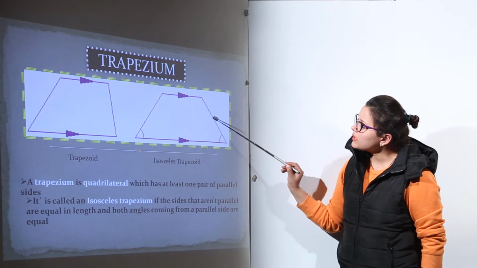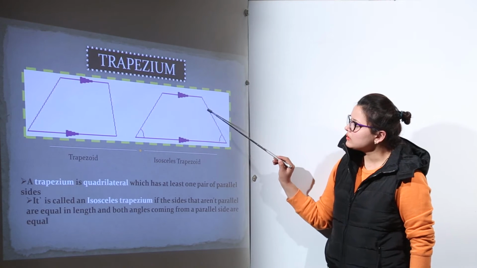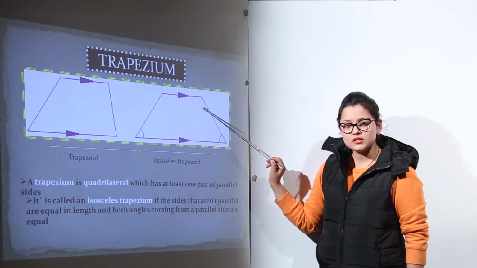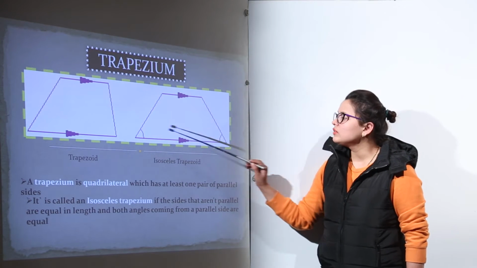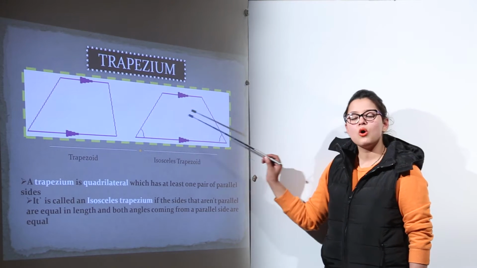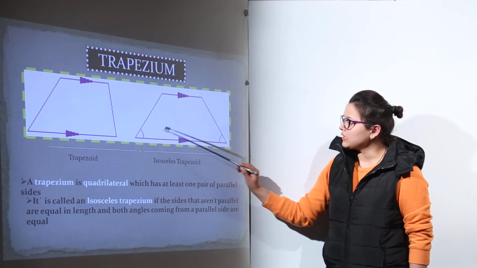For both the non-parallel sides, these two sides are given equal in length. Say this is 5 and this is 5. Both are 5 centimeters each and the angle made by the equal non-parallel sides. This is the angle made by non-parallel side. Also, this is the angle made by non-parallel side. Both the angles are equal.